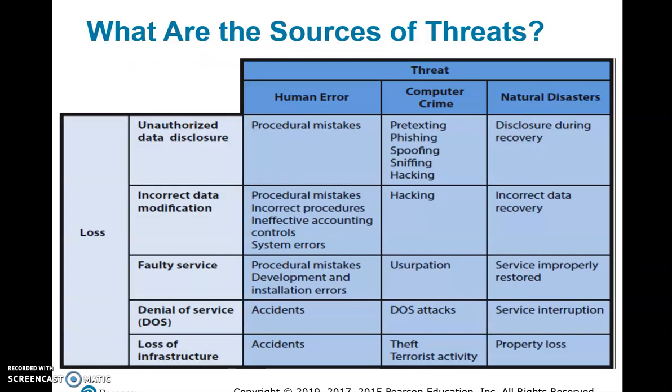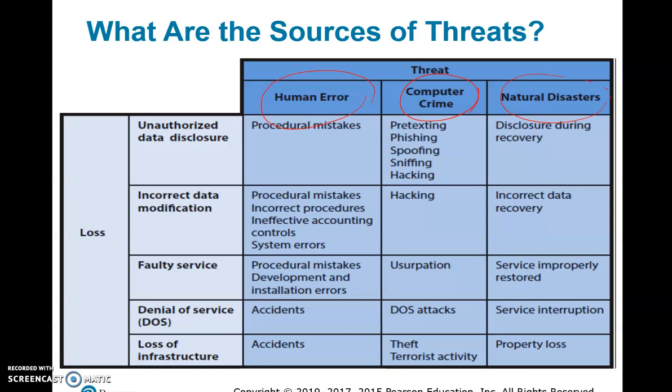Now, what are the sources of these threats? The sources of these threats are: there are various computer crimes and various natural disasters, and of course human errors as well. When you have procedures, and if those procedures are not carried out properly by employees, that can be a human error. When these procedural mistakes happen and there are systems errors that happen because of that, that is also a problem.